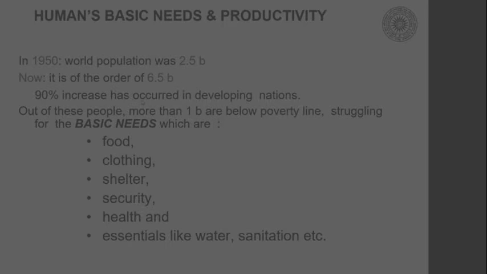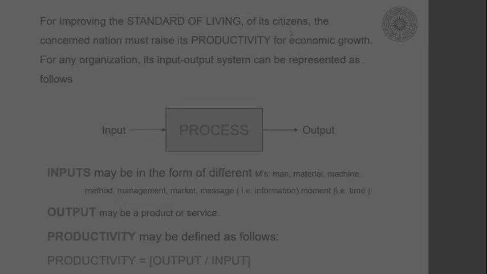Out of these, more than 1 billion people are below the poverty line, struggling hard for basic needs of food, clothing, shelter, security, health, and essentials like water and sanitation. So in order to provide all these things, we have to increase the productivity. For improving the standards of living of these citizens, the concerned nation must raise the productivity for rapid economic growth.